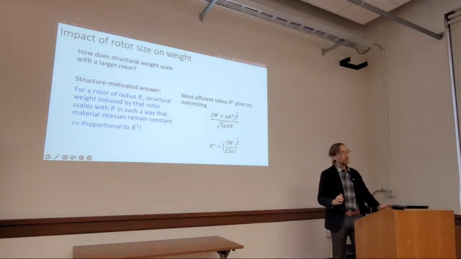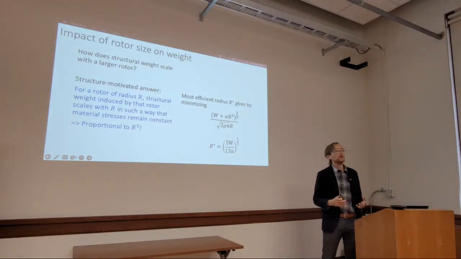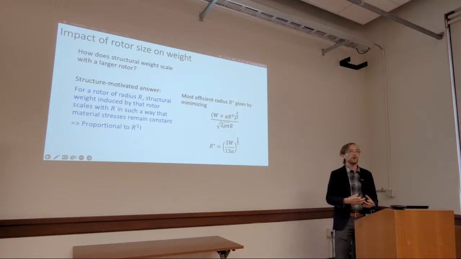So we have two different ways of trying to guess the ideal size of a rotor to lift a certain weight. In the first example, we had a cubic dependency. Here we have a dependency of 1/5.